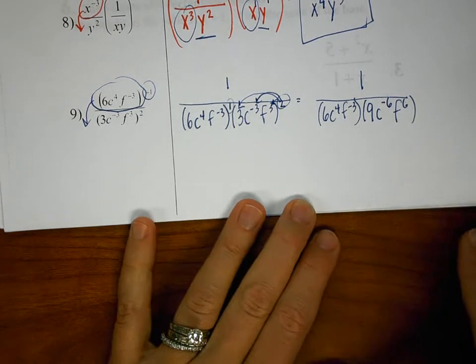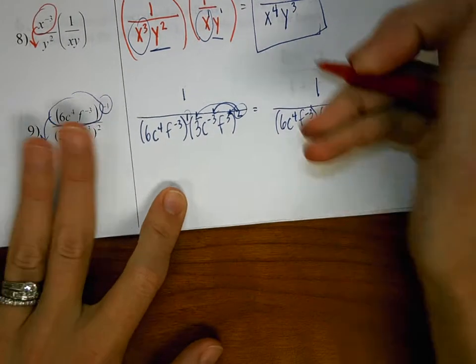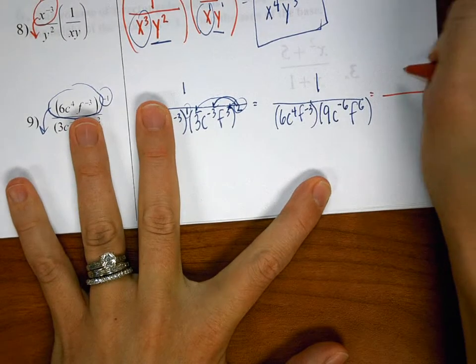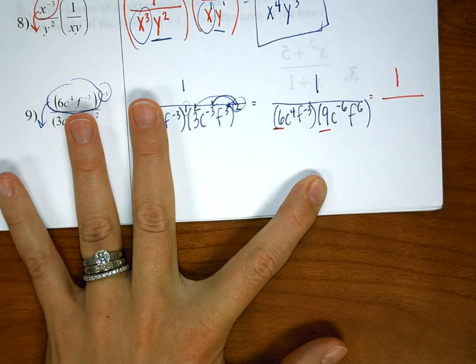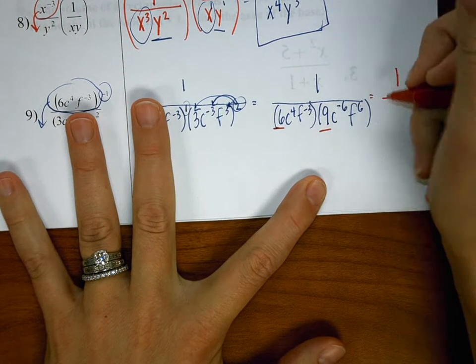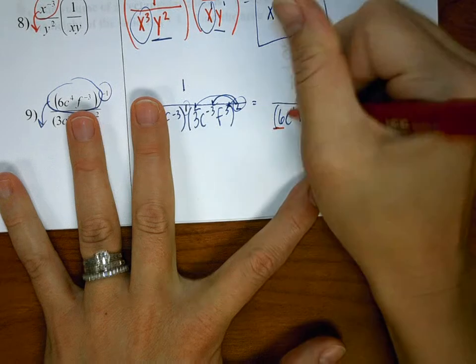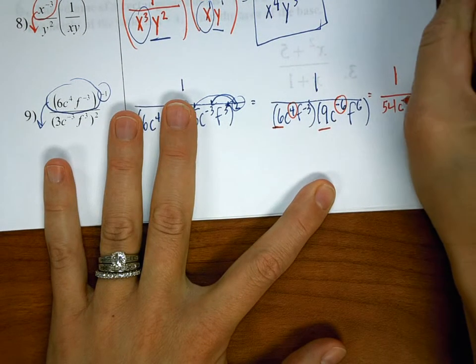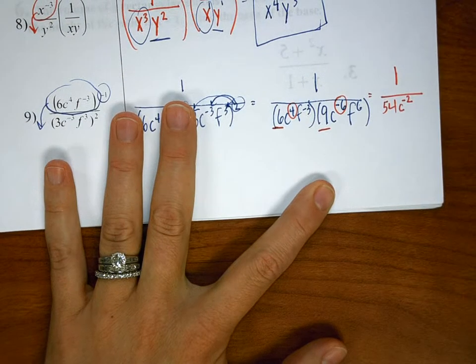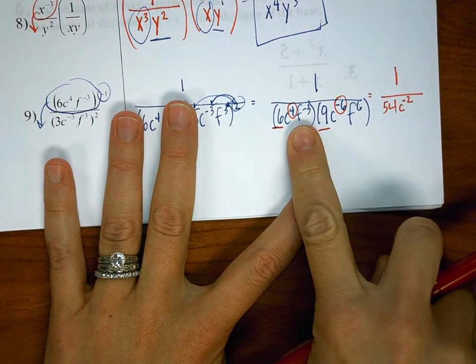So at this point, we are going to go ahead and put some of our numbers together. We can multiply 6 times 9, and 6 times 9 is 54. When you do this, we have 4 and negative 6, which will make c to the negative 2nd power. And then we have negative 3 and 6.